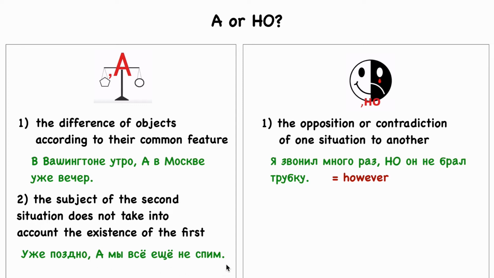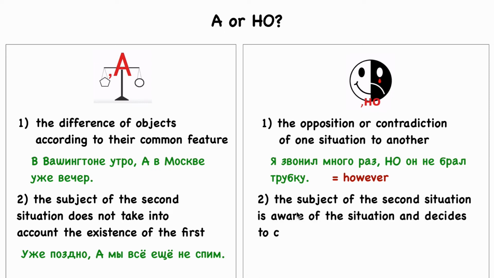The situation number two: мы все еще не спим. So the subject in the second situation might not even be aware it's evening, or they just don't think about it, that it's about the situation number one, that it is so late. Conjunction "а" will be used in this case.